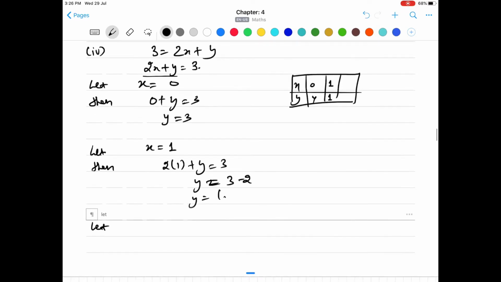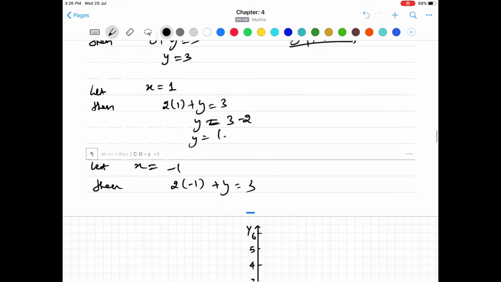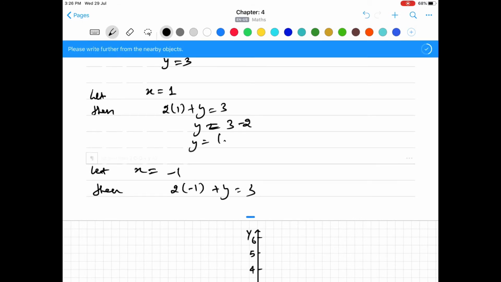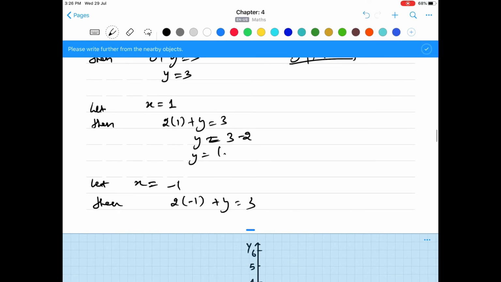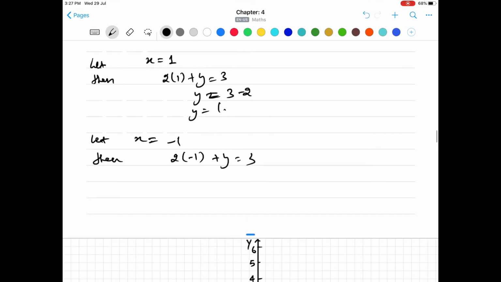Let x equal to minus 1. So we have 2 into minus 1 plus y equals 3, or we will have minus 2 plus y equals 3, or y will be equal to 3.